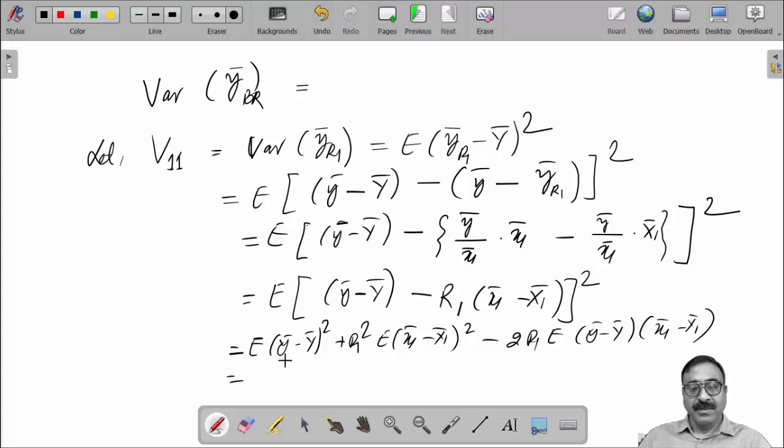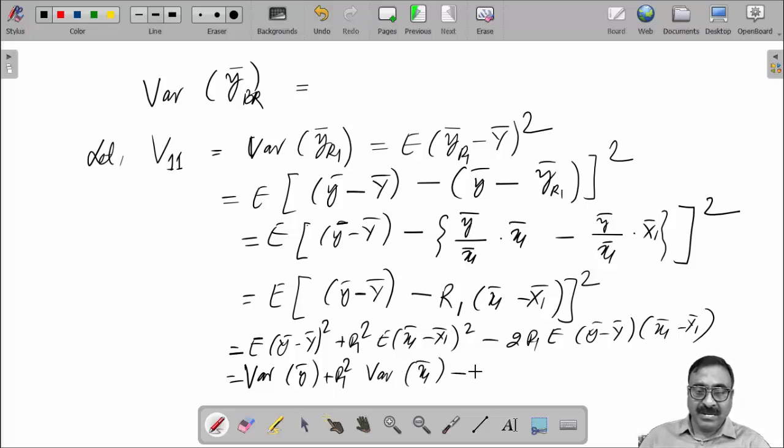This is equal to variance of y bar plus r1 square variance of x1 bar minus 2 r1 covariance of y bar, x1 bar.